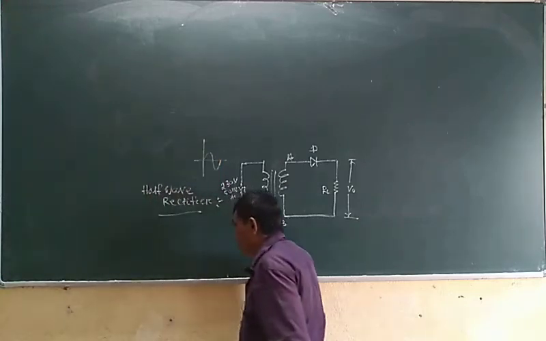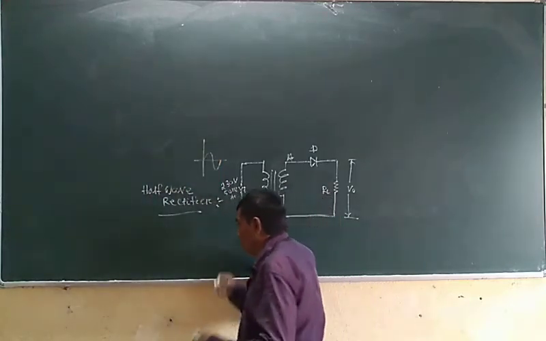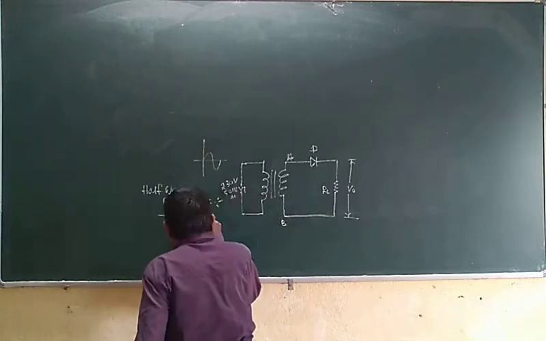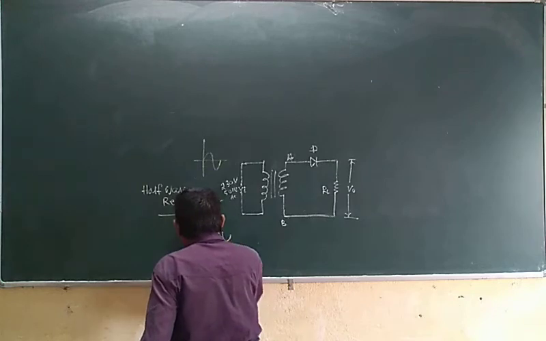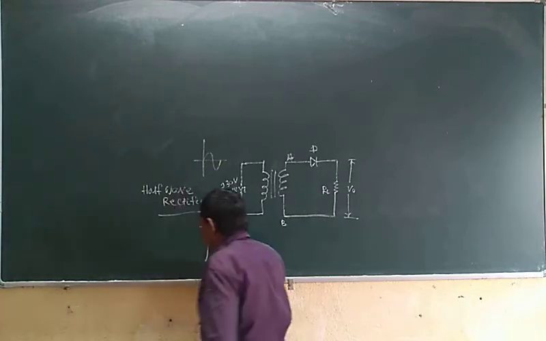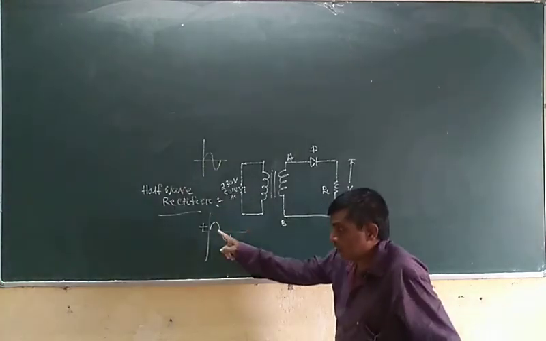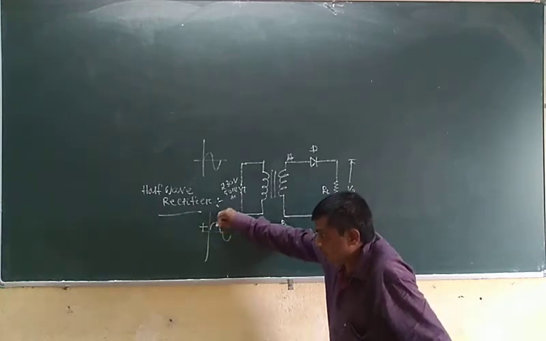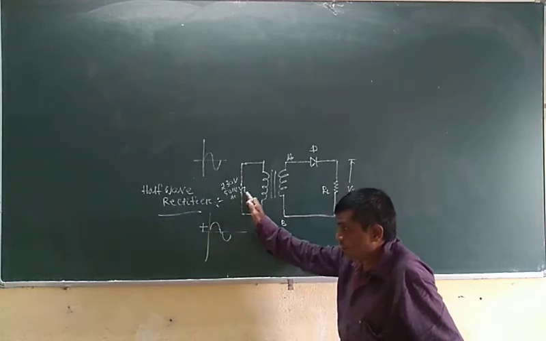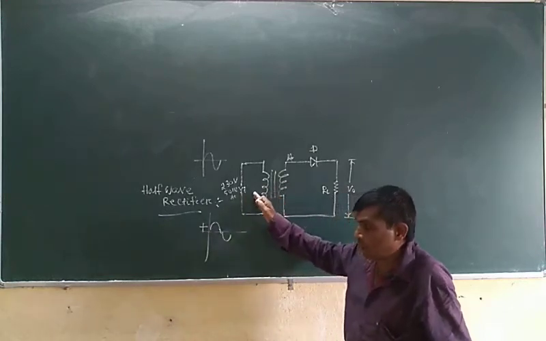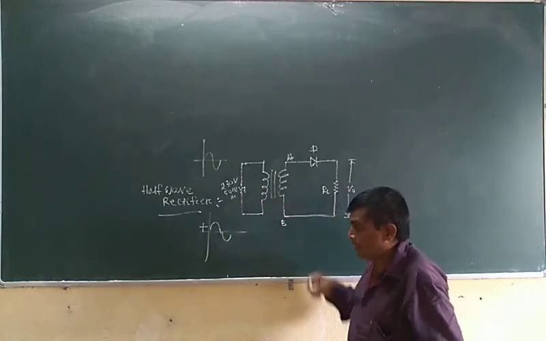It contains a positive half cycle, then a negative half cycle, and in this way the signal continues. This is transformed by the transformer and reaches the secondary side.